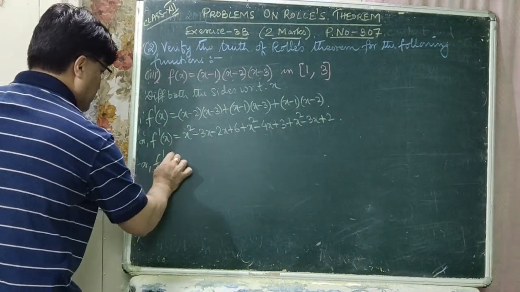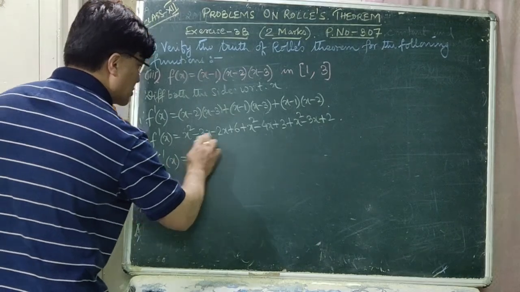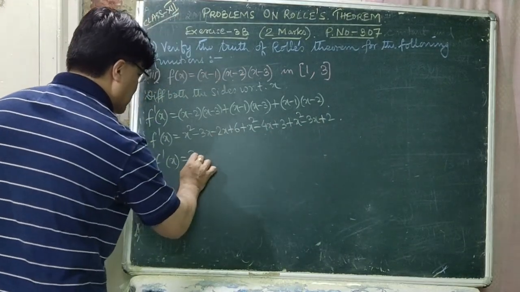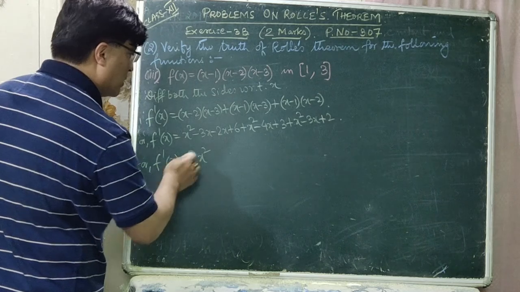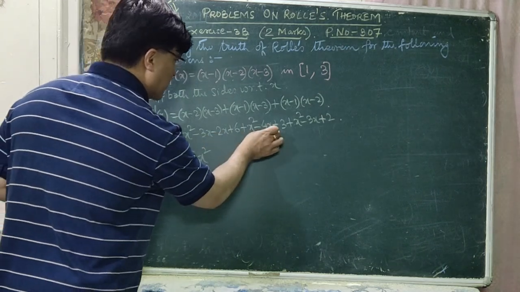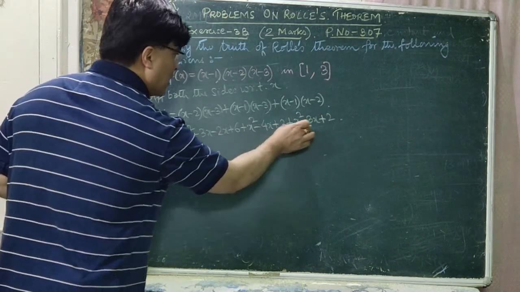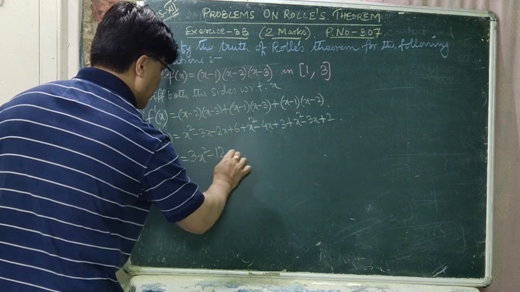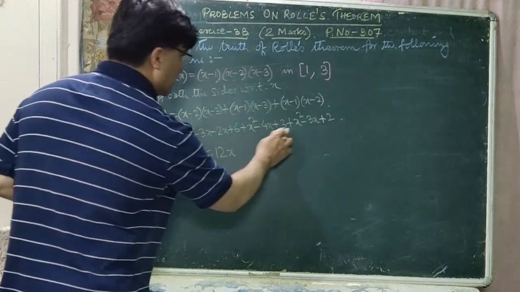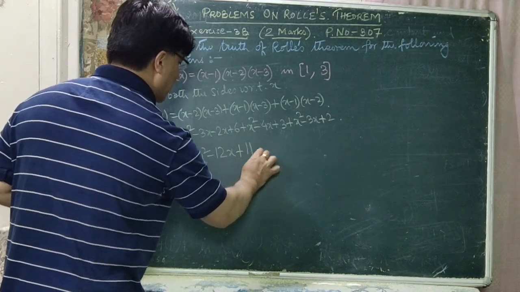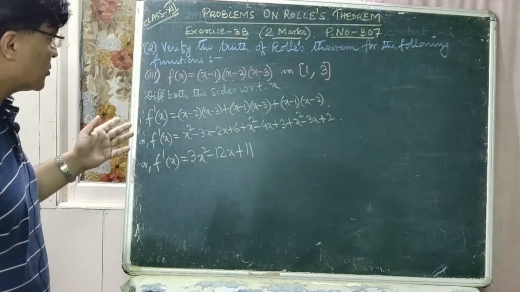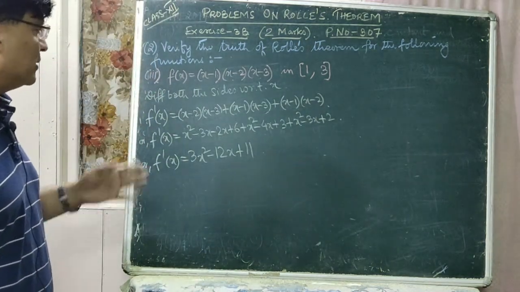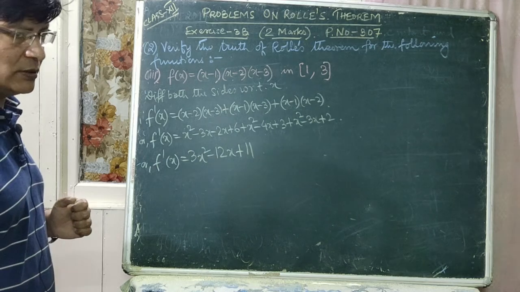So what is f dash of x now? Which is equal to x square plus x square plus x square, that is your 3x square. This is your minus 5x minus 4x minus 3x, that is minus 12x, then 3 plus 2, 5 plus 6, that is your 11. That is 3x square minus 12x plus 11. That is your differentiation, right?